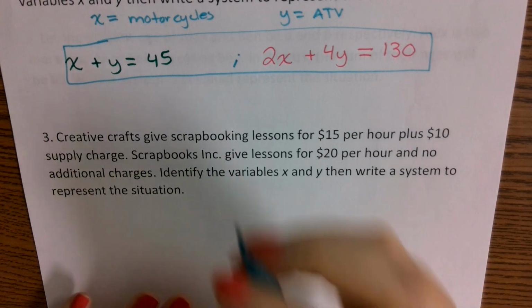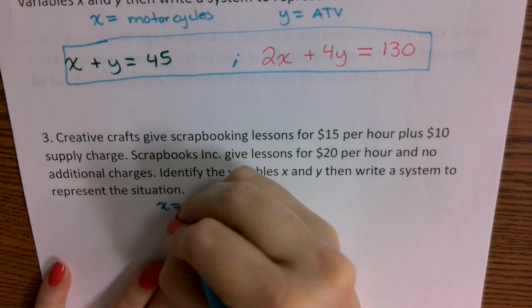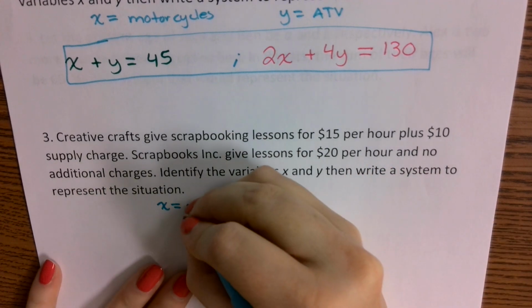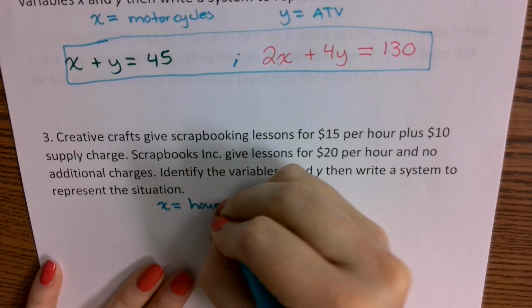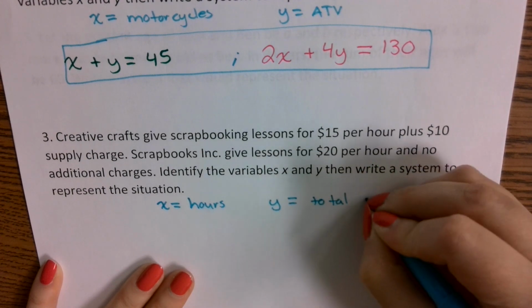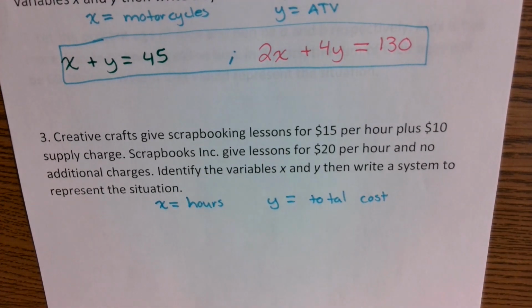So what I'm going to say is that x, in this case, is going to represent the number of hours, because we're talking about hours that they're going to spend at these sessions. And then y is going to represent the total cost. How much it's going to cost me to do these different sessions at these different spots.